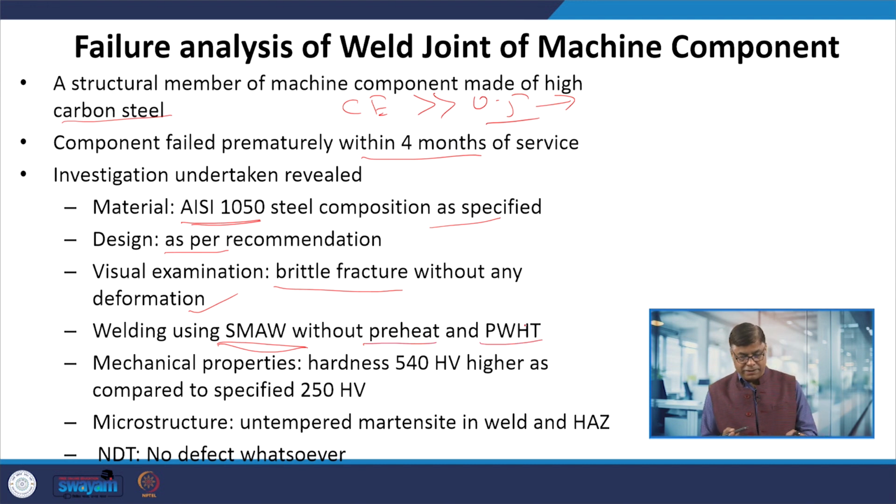So, this indicates a lot, like SMAW having the greater possibility for providing the hydrogen, and no preheat and no PWHT means there is increased tendency of the embrittlement, not just of the heat affected zone, but also of the weld zone. Mechanical properties in terms of hardness show very high hardness of 540 HV as compared to the specified 250 HV. Microstructure indicated the untempered martensite in the weld as well as the heat affected zone.